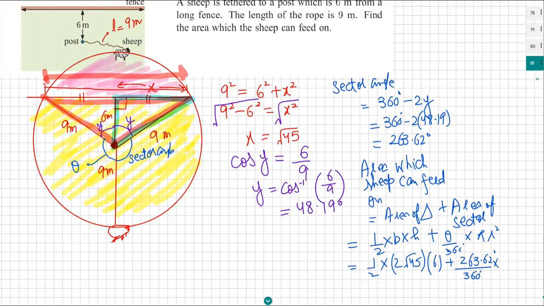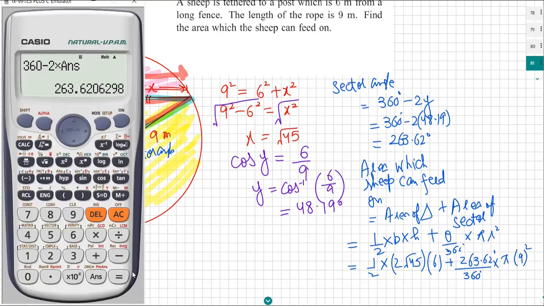R is 9. So we can calculate this value by using a calculator. So half multiplied by 2 times square root of 45, and then multiplied with 6, then plus 263.62 divided by 360, and then multiplied by pi into 9 square.